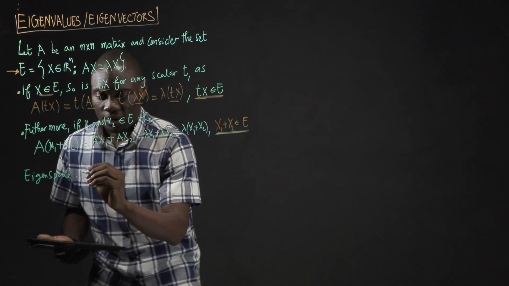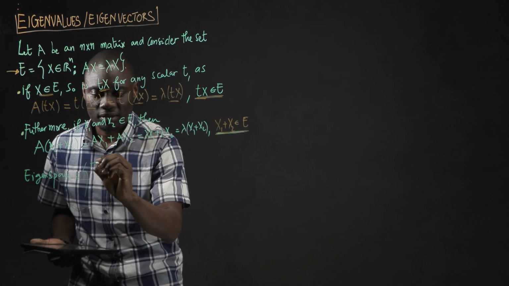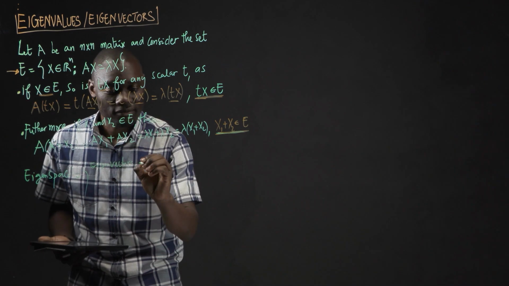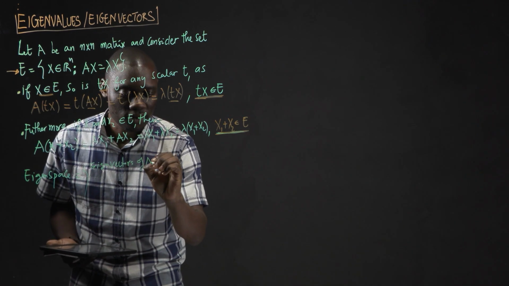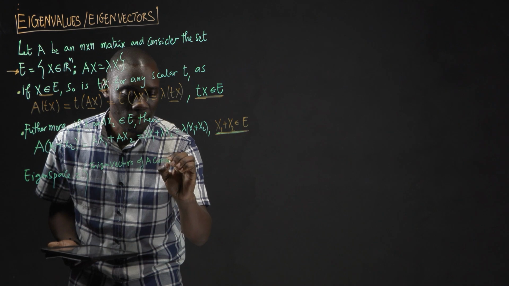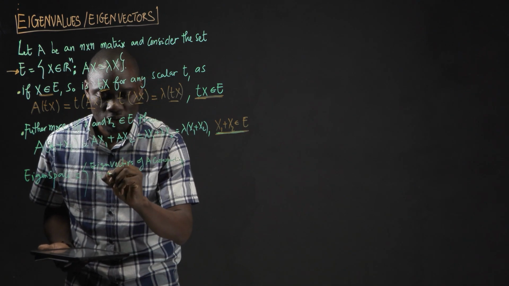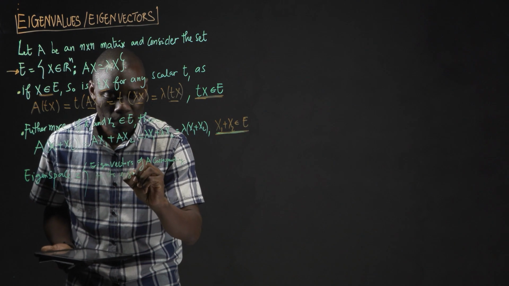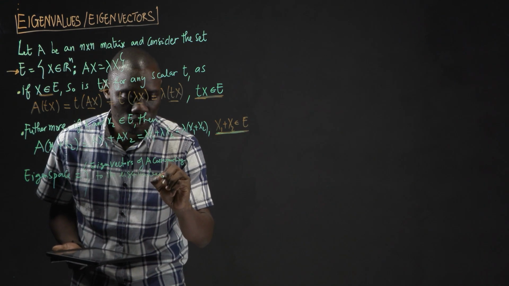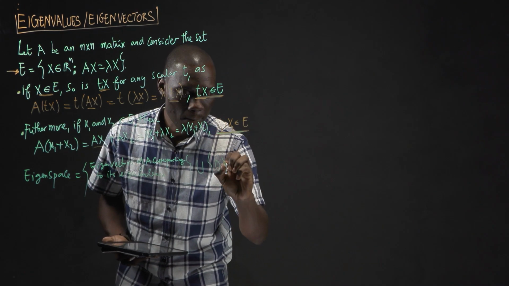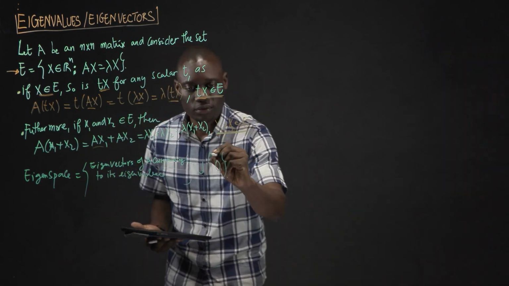So this can be written as the eigenvectors of A corresponding to its eigenvalues, together with 0.